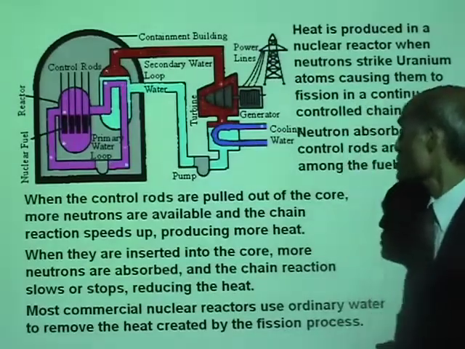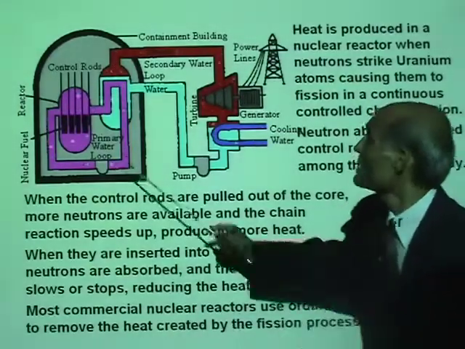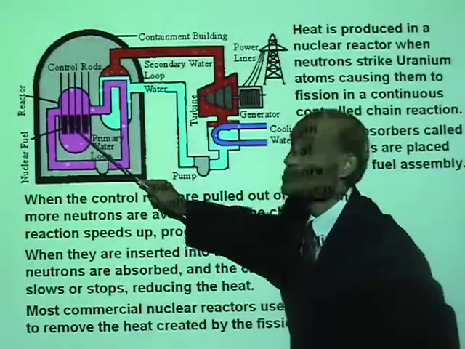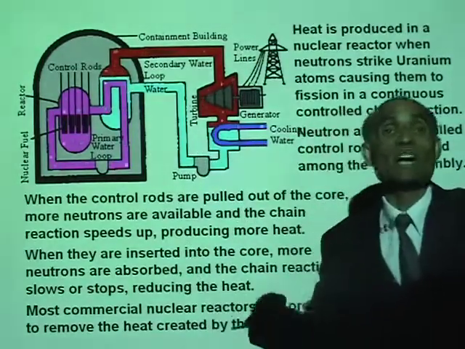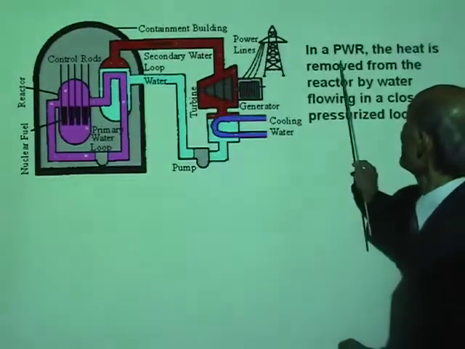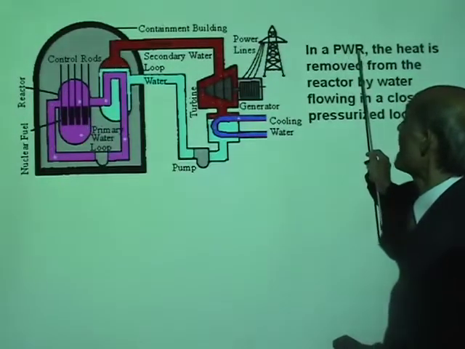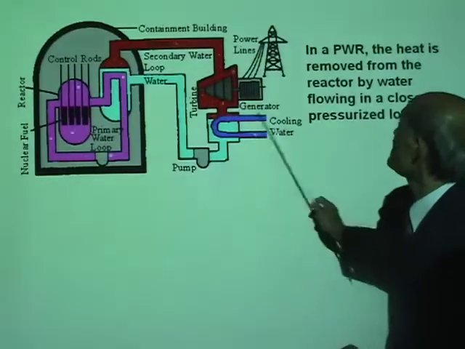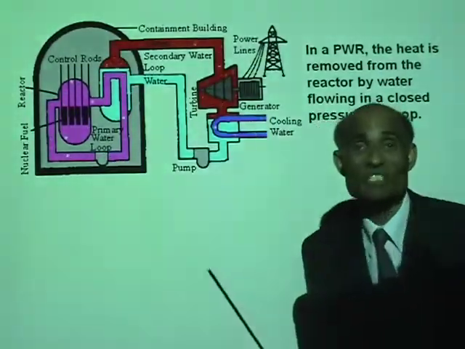Now, most commercial nuclear reactors use ordinary water to remove heat. You see, this is ordinary water used to remove heat, which is then used to boil water in a secondary chamber. All right. In a PWR, pressurized water reactor, the heat is removed from the reactor by water flowing in a closed pressurized container.